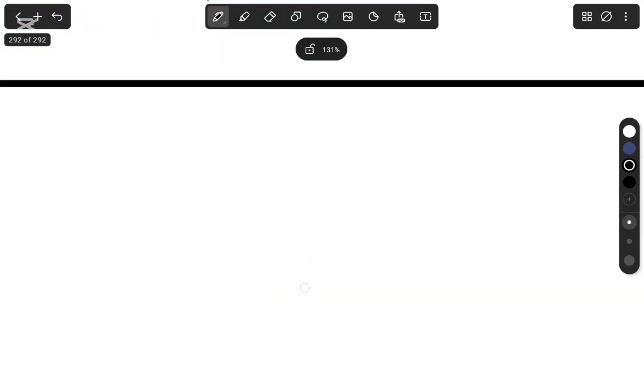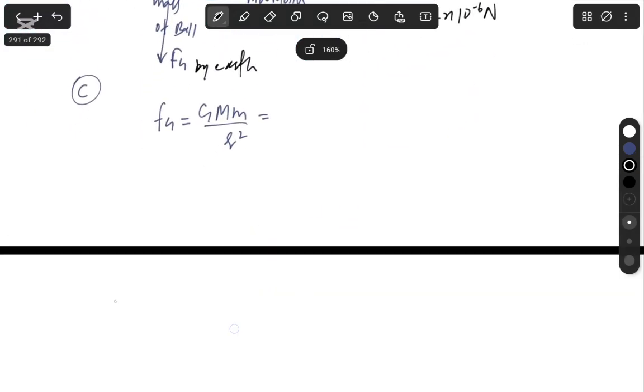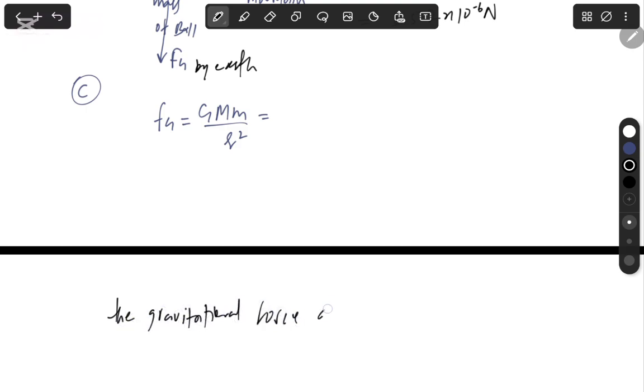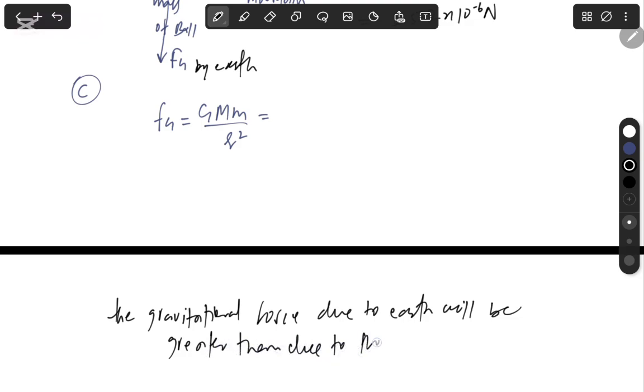The gravitational force due to Earth will be greater than that due to the mountain.